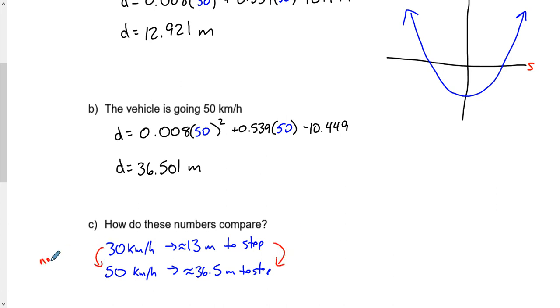This is not even doubled, and this is almost tripled.